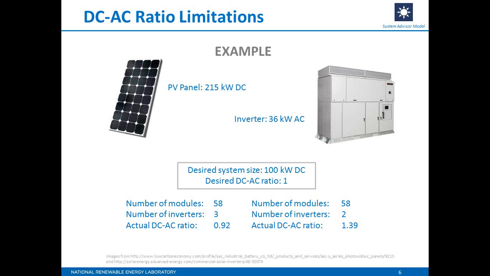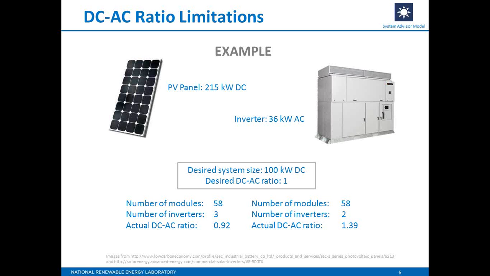So for instance, in this example, with a desired system size of 100 kilowatts and a desired DC to AC ratio of 1, you basically have two options. Your number of modules, which is 58, gets you pretty close to that 100 kilowatts DC, but the number of inverters is problematic. If you have 3 inverters, your DC to AC ratio is 0.92.